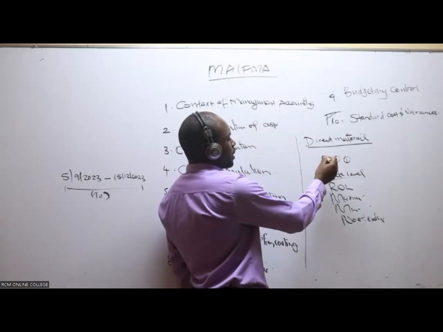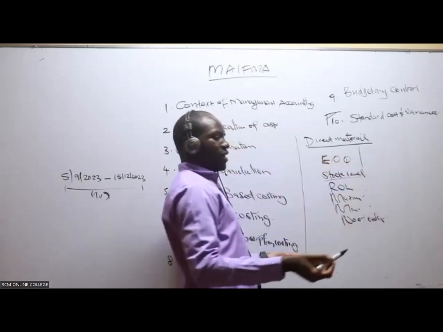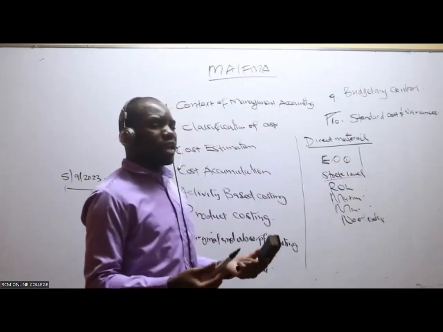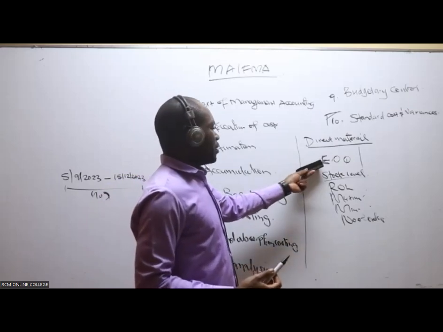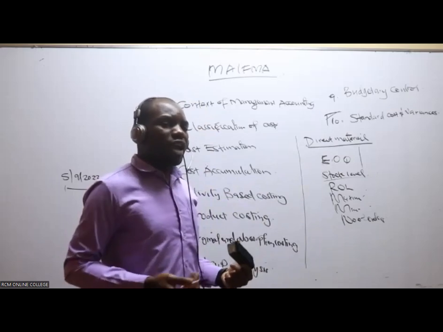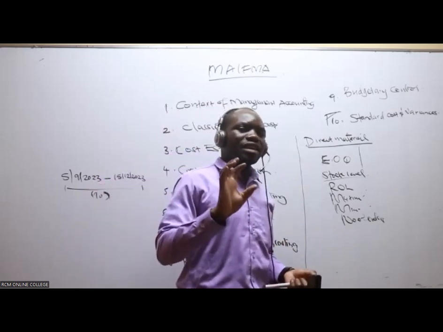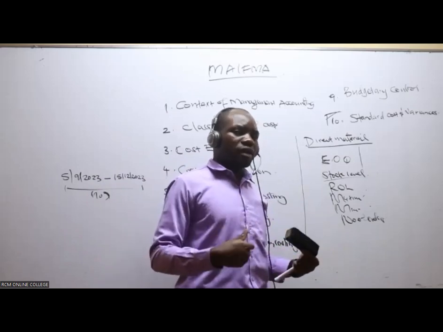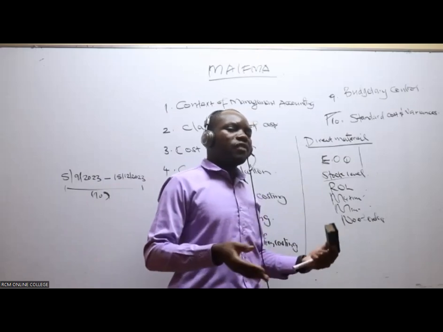I need to understand that. And then for direct material, this is economic order quantity. When I'm going to buy the raw materials, how many units should I order? When now I'm not buying, I just want to do production. Still under production, I need to understand how many units I should produce at any given time for me not to have excess, or for me not to have a deficit.